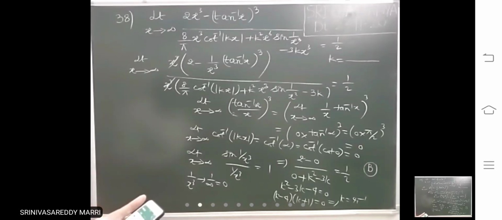Look at next. And key in solution also 4 comma minus 1 only given, but key is given wrong.